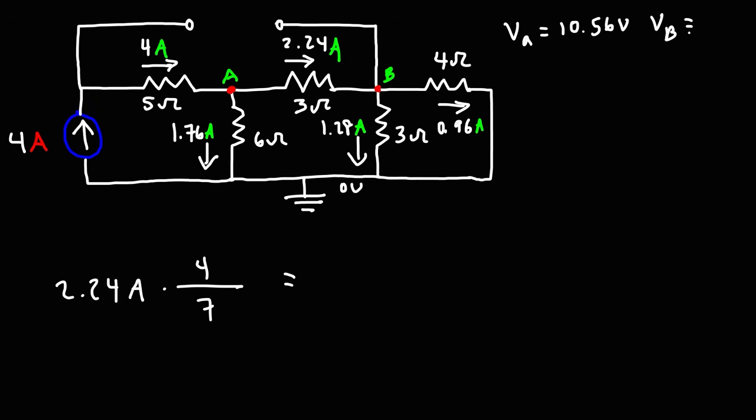And the potential at B with respect to ground, you can multiply 1.28 times 3 or 4 times 0.96. Since those two resistors are parallel, the voltage across them should be the same. And you get 3.84 volts. So that's the information we have from the first power source.